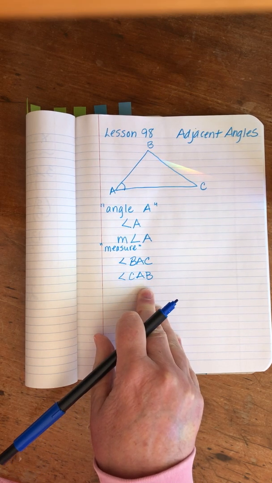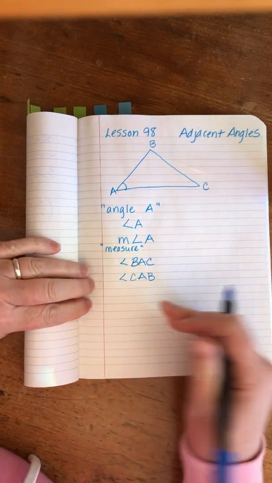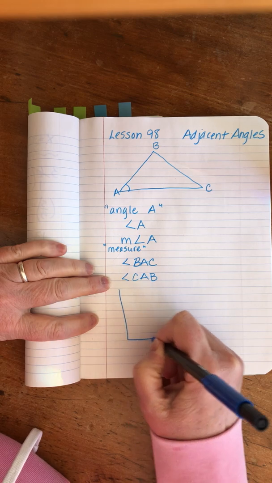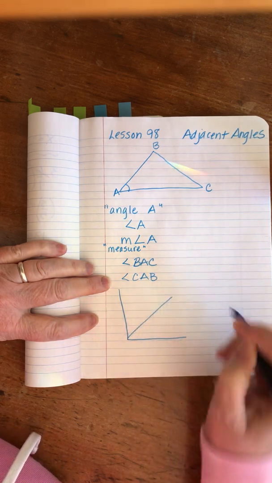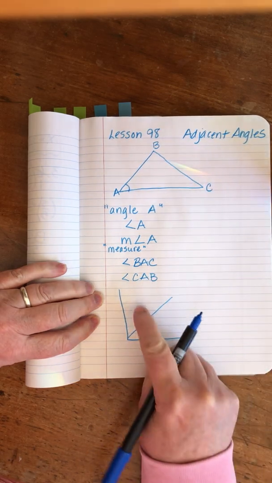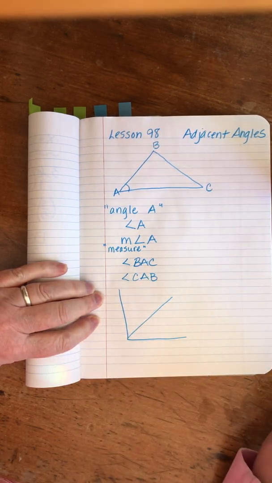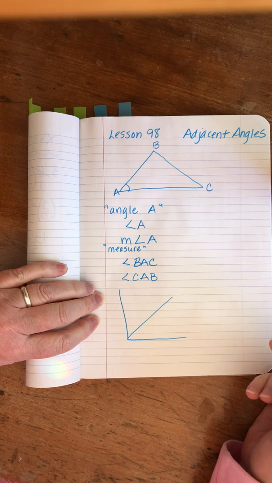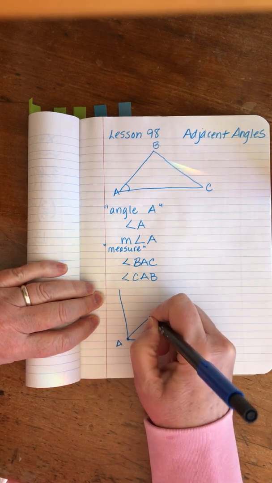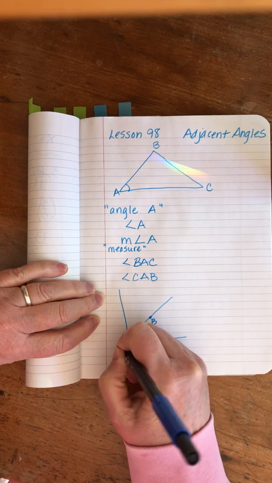Now, the more complicated picture that I wanted to draw for you would be something like this. So here what we have, and we're going to talk more about this in just a second, are two angles next to each other. That's what we call adjacent angles.